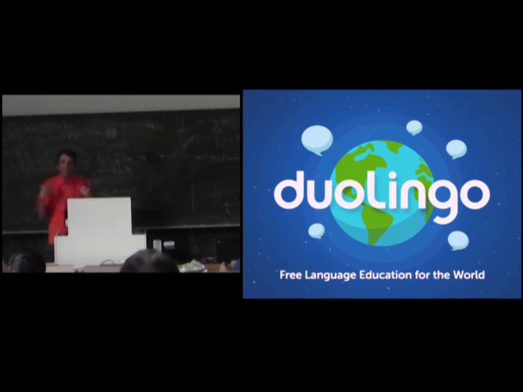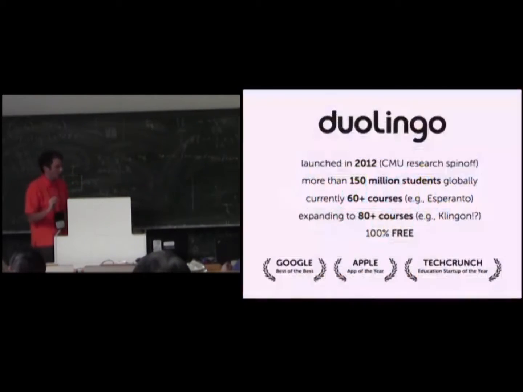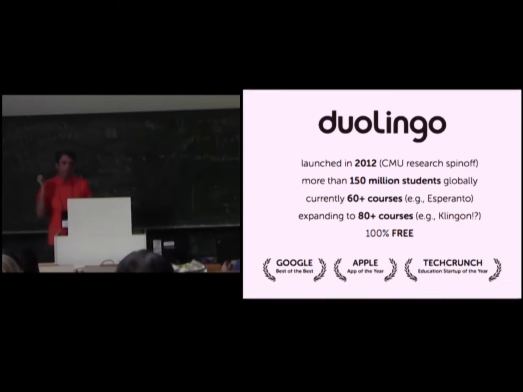This is the mission of Duolingo, to make language learning universal and free. And since its launch about 5 years ago, there are hundreds of millions of people using this wonderful tool to learn languages from Esperanto to Klingon.